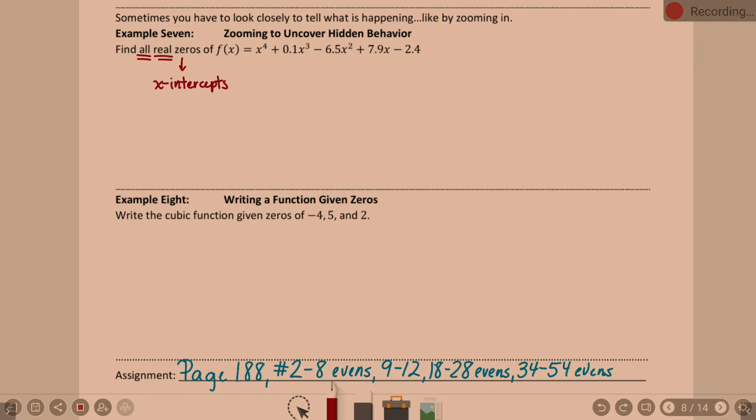Put that fun thing in your calculator, everybody. My recommendation is you start off at a zoom 6.